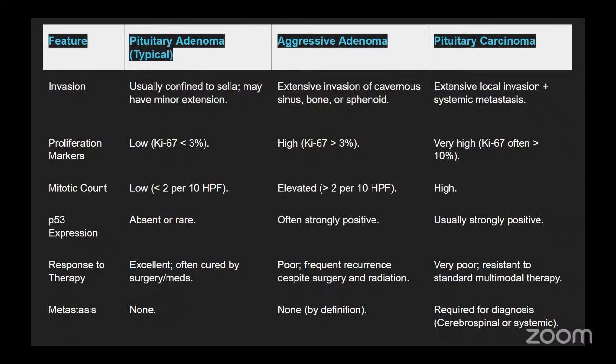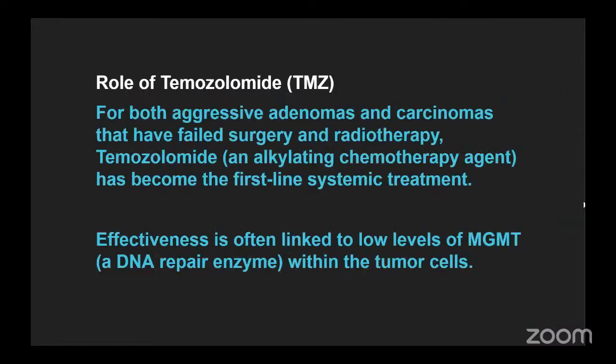You either need leptomeningeal seeding in the CSF sample, or you need evidence of systemic mets. Interestingly, there is some role of temozolomide, and it's very similar to the temozolomide role in gliomas. For both aggressive adenomas and carcinomas that have failed surgery and radiotherapy, you can give them TMZ, but the response will still be linked to MGMT.